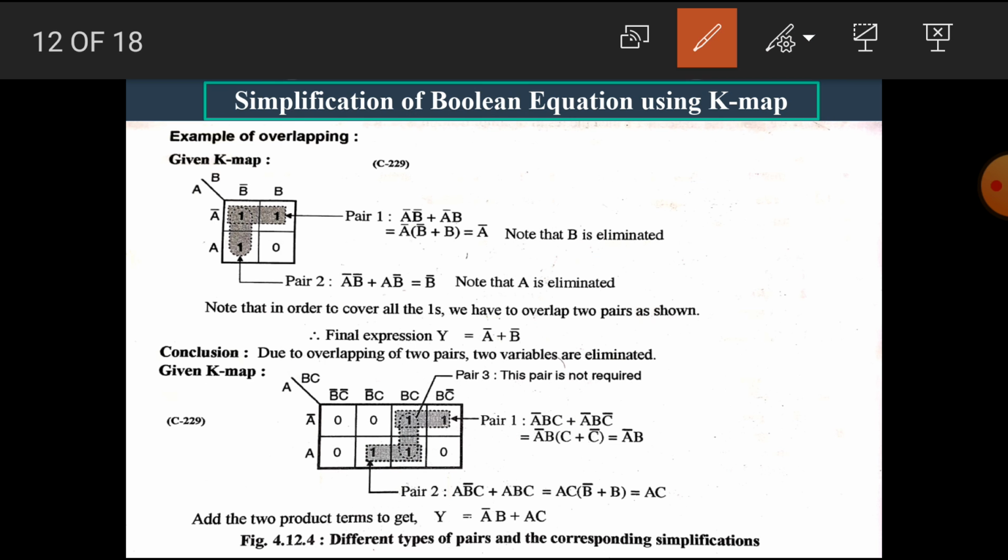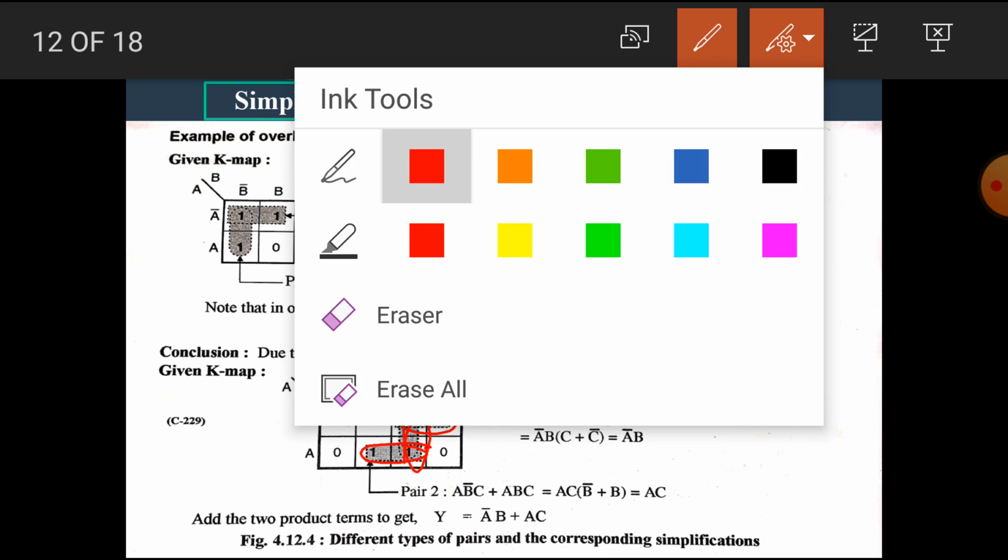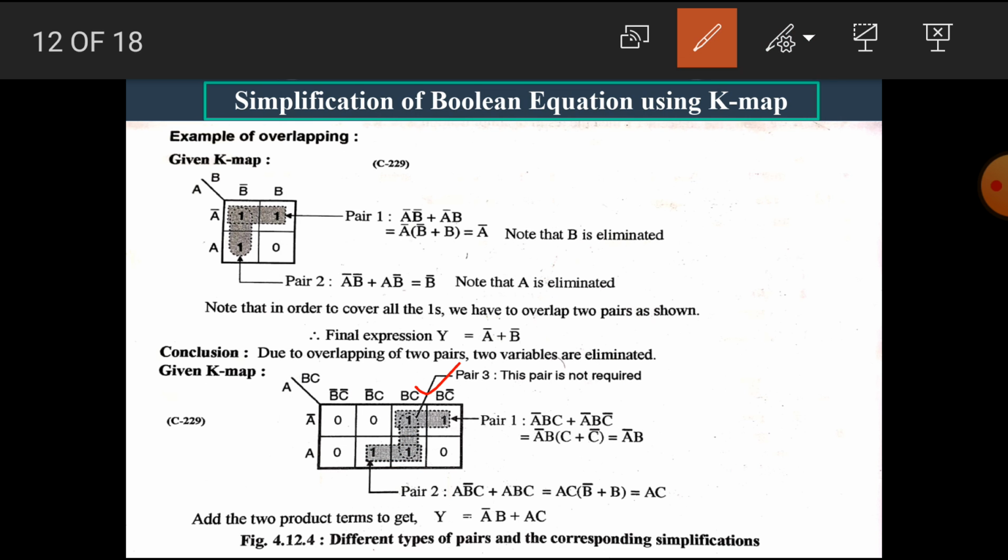But only two pairs are needed, because this one is occupied in this pair and this one is occupied in this pair. There is no need to make the third pair. Our aim is to cover all the ones and to make the least number of quads, pairs or octets. So we get only two pairs here, pair first and pair second.